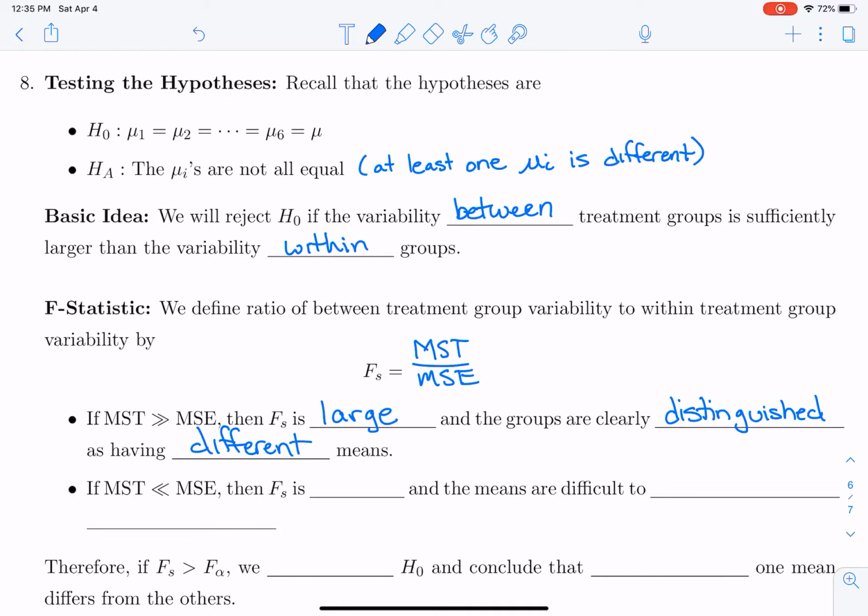That was that first picture that I had showed you. But if the mean square treatments is much smaller than the mean square error, then our statistic F sub s is going to be small. The means are going to be difficult to distinguish. That was that second picture. There's too much variability within the groups, so it's difficult to distinguish them statistically.